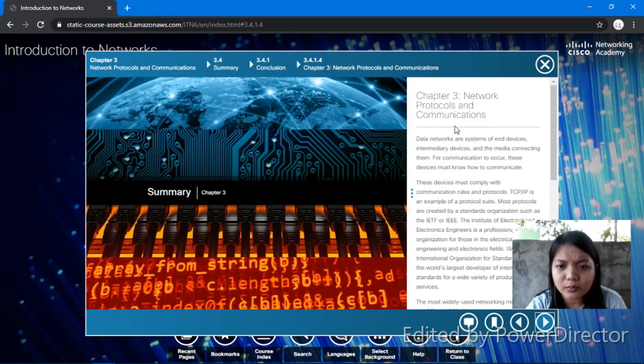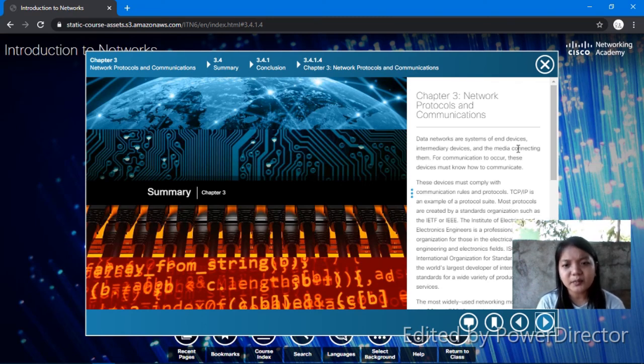Data networks are systems of end devices, intermediary devices, and media connecting them. The end devices are the computers, laptops, cell phones, and different gadgets.